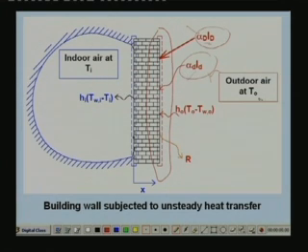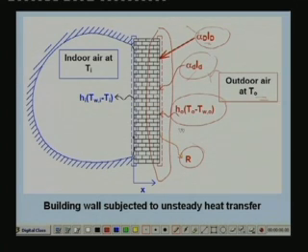Heat transfer also takes place from the outdoor air to the outer surface of the wall by convection. Heat transfer may also take place by long wave radiation, either from the wall to the surrounding surfaces or from the surrounding surfaces to the wall, given by this R. So these are all the heat transfer rates from the outside to the surface of the wall, and this should be equal to the heat transfer from the surface into the wall.